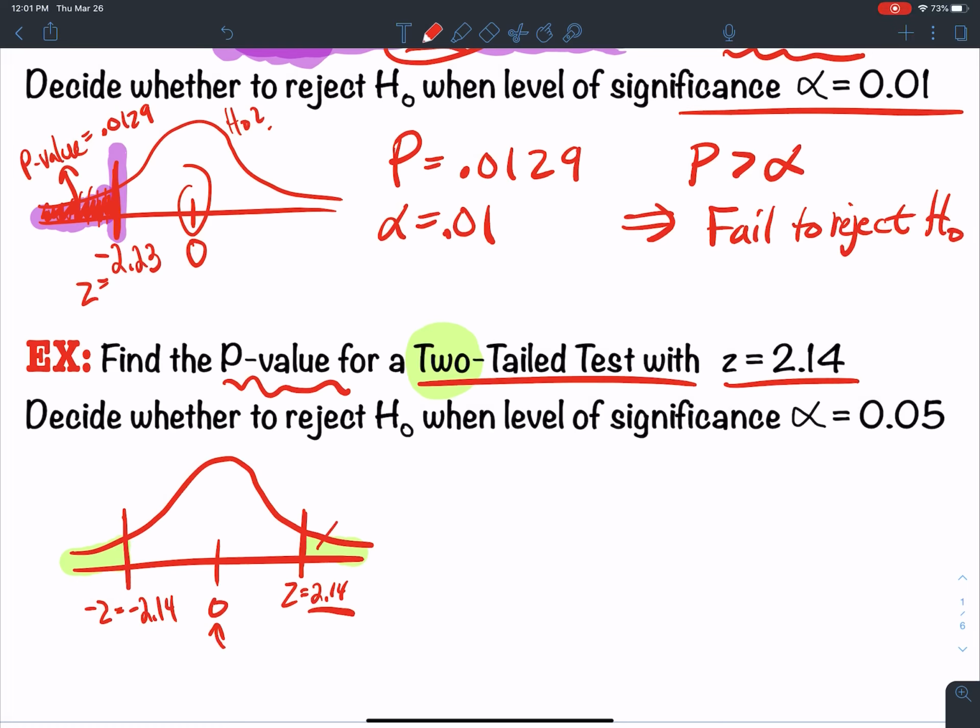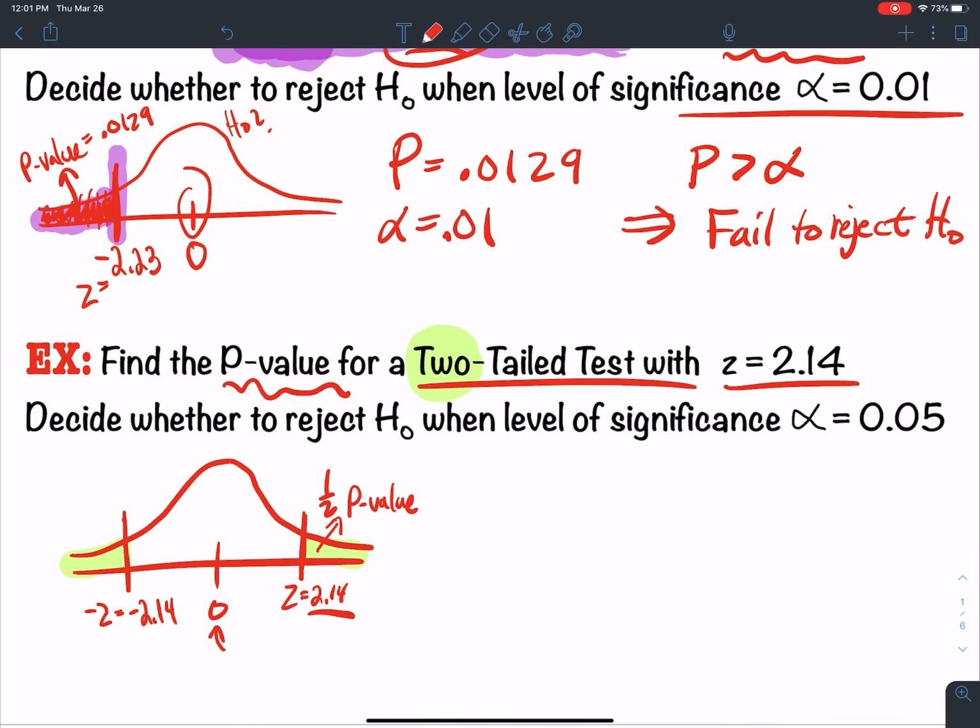But do I put all of my p-value on one side? No. I put half of my p-value over here and half of my p-value over here, okay? Now, a z-score of 2.14, if I go look it up in the chart, that's going to give me 0.9838.